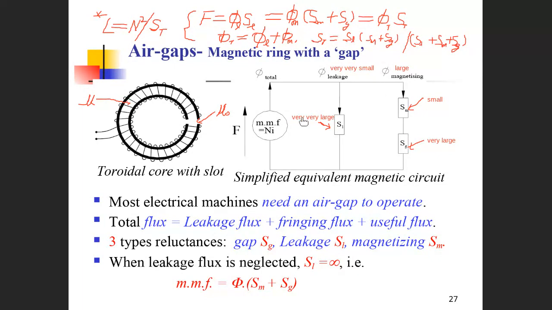So for such coils, their inductance can be determined based on the definition, that is N squared, turn number squared, over the total reluctance. This is the key.